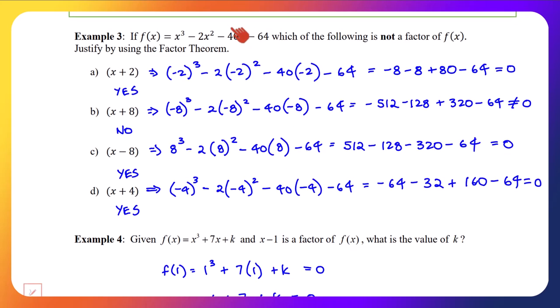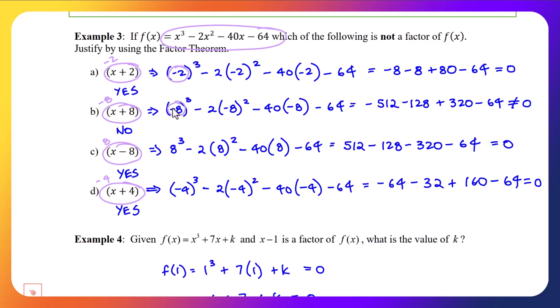So we have our original polynomial. We want to know if any of these are factors. So again, there's that opposite kind of idea. If x is negative 2, if x is negative 8, if x is 8, if x is negative 4.